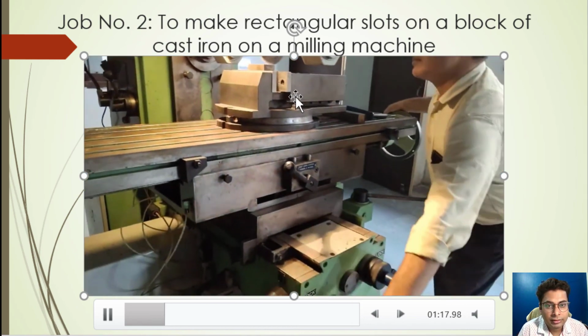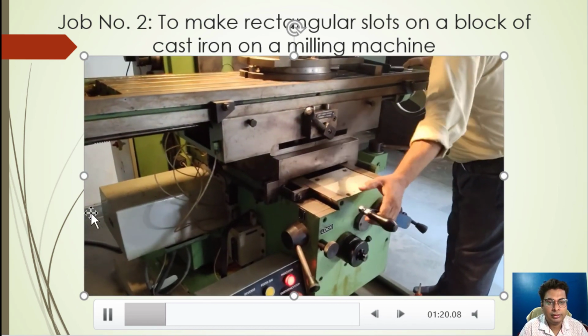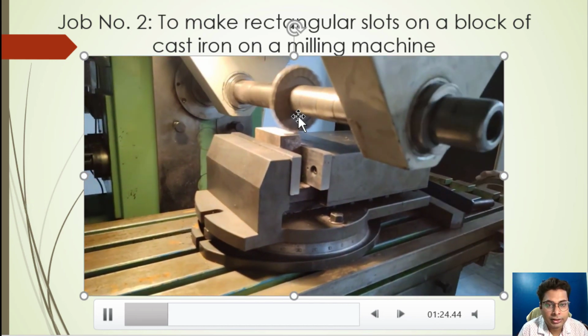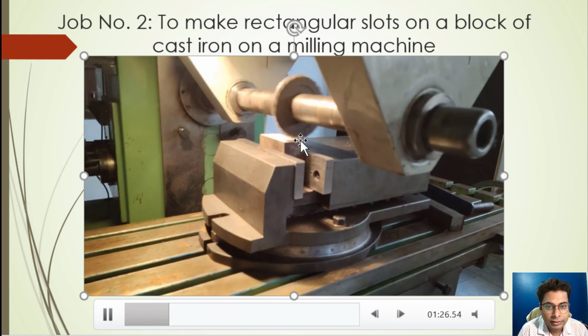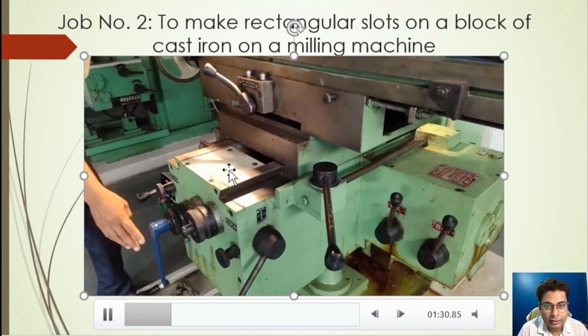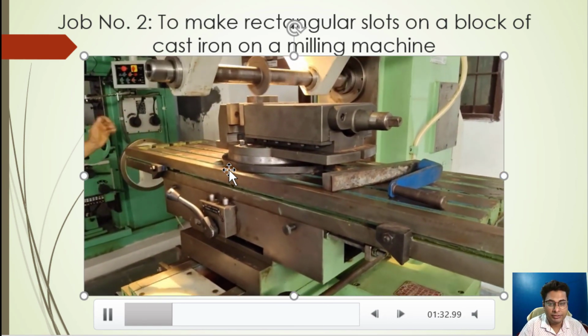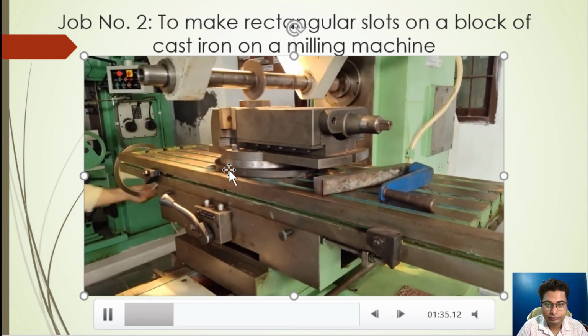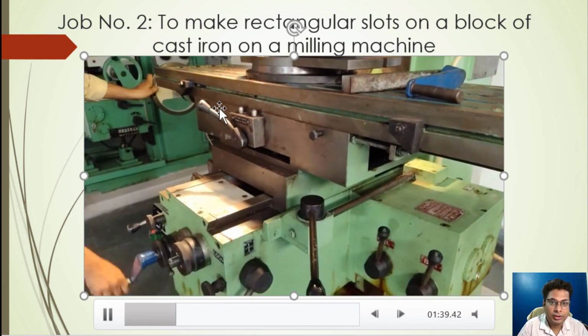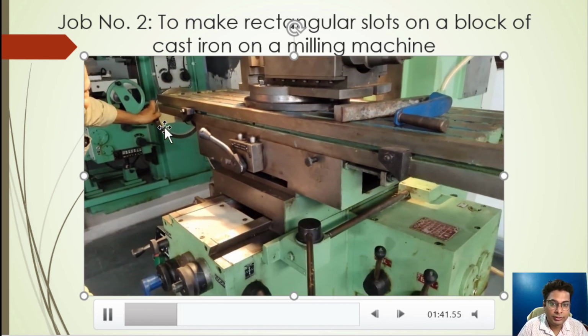With the relative interaction of the cutting tool and the workpiece, see, the material is getting removed in the form of chips. Okay, the feed motion is being given through this wheel.